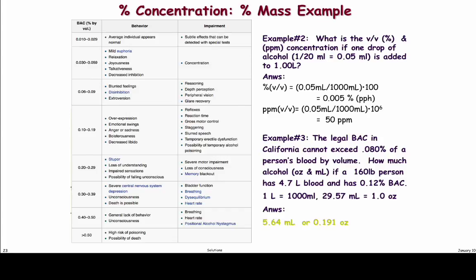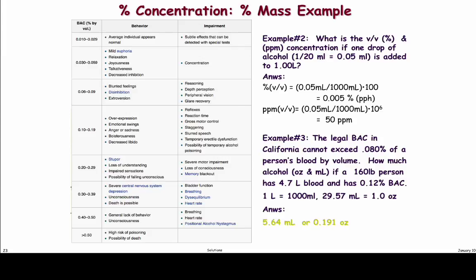If you have 0.06 to 0.09, now you're near the legal limit. Then you have blurred feelings, disinhibition and extroversion, and your reasoning, depth perception, peripheral vision, and glare recovery are all inhibited.